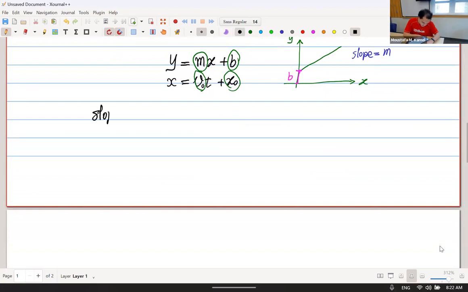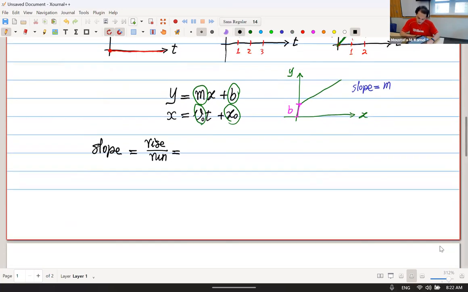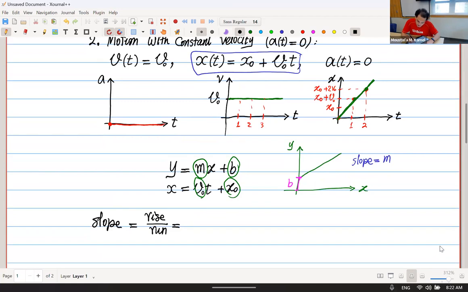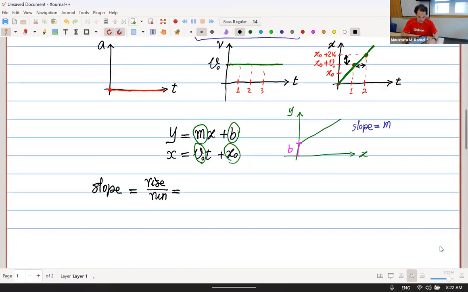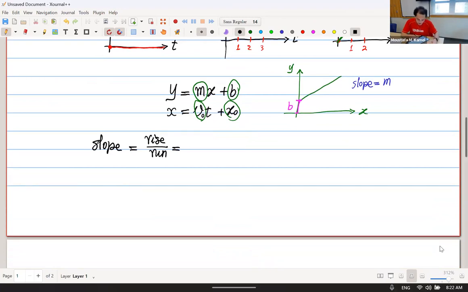So slope is equal to rise over run. In this graph, rise is this part, which is v naught, right? And the run is 1 second. So when you divide v naught by 1, it's just v naught. Or in general, it's delta x over delta t. You move a little bit in the horizontal axis, which is time, and you get a change in position, delta x.